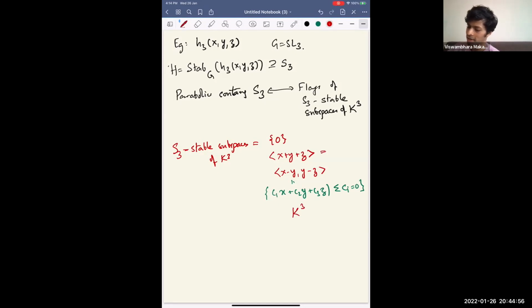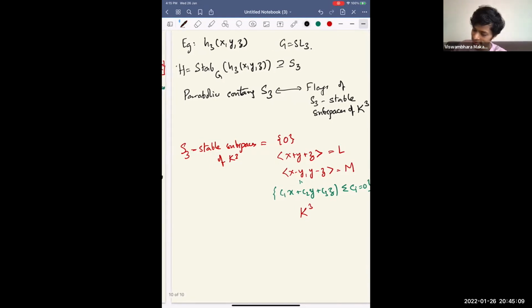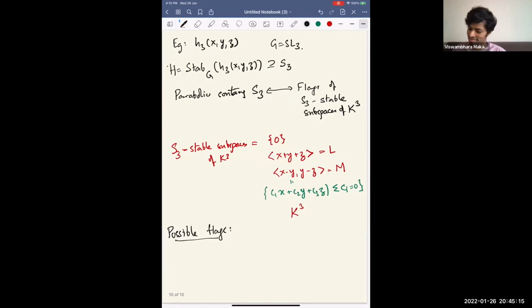I will call the first one L because it's a line, and then I'll call the next one M because that's the other letter that I want to use. So what are all the possible flags? There's not so many.